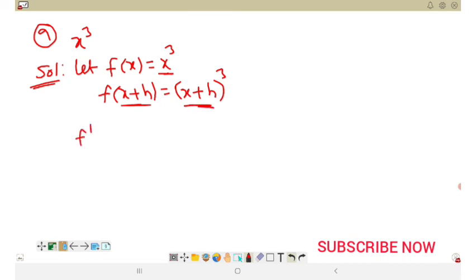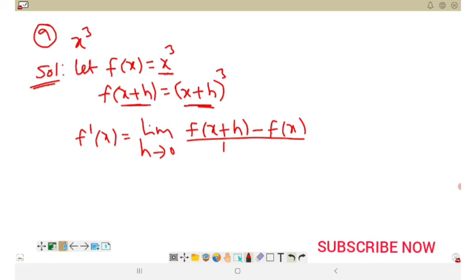By the first principle, f dash of x is equal to limit h tends to 0, f of x plus h minus f of x by h.